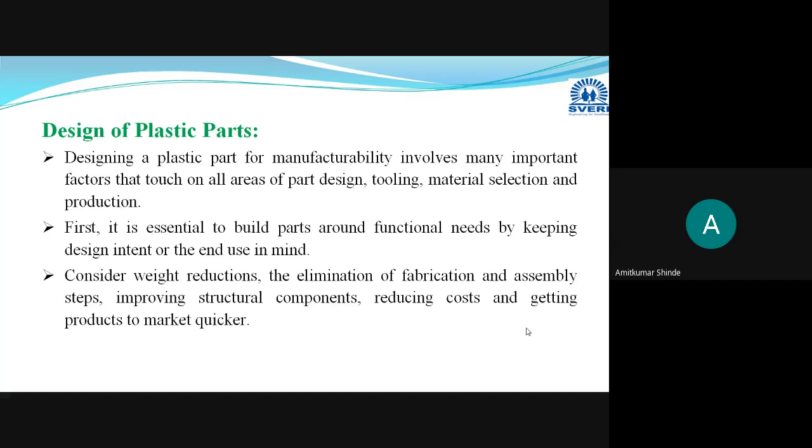While doing this, you also have to consider that processes like fabrication or assembly should be very few, and whichever design you are doing should be possible with minimum weight and minimum cost. Your end product should be easily available to the end consumer.